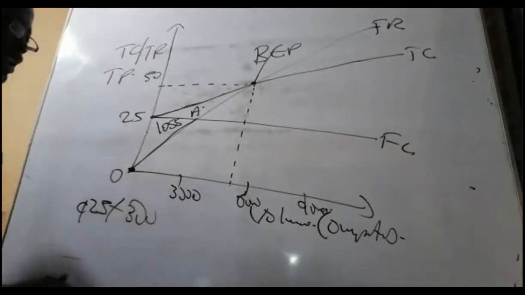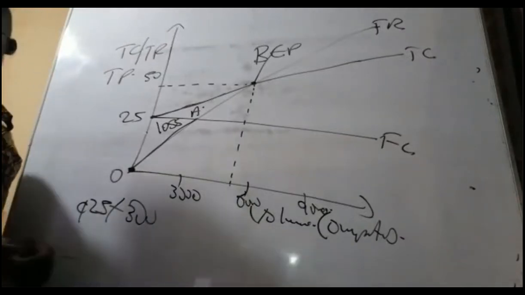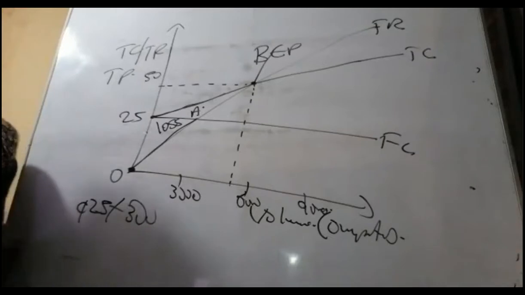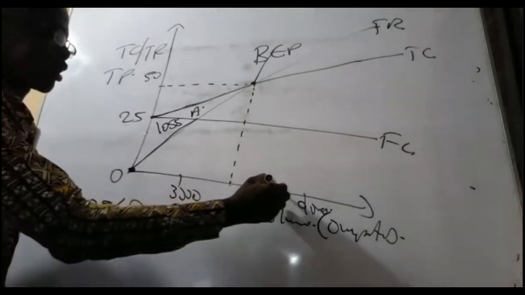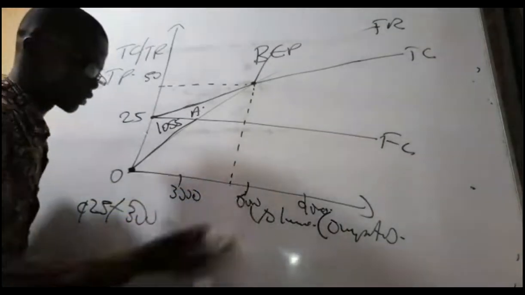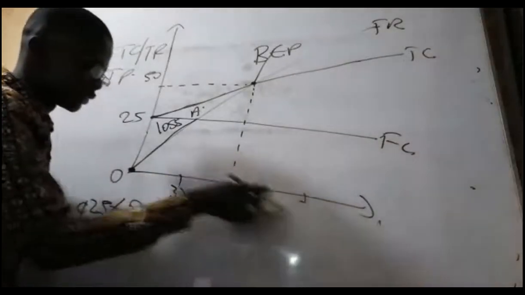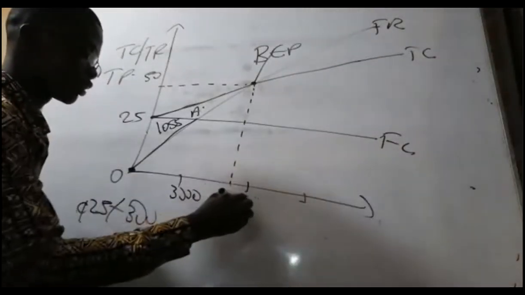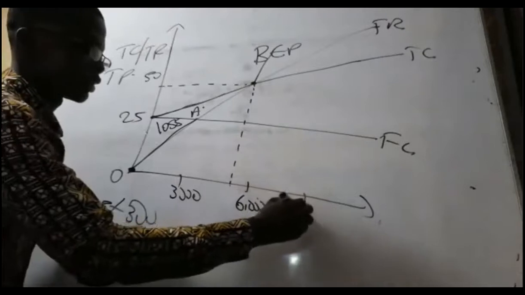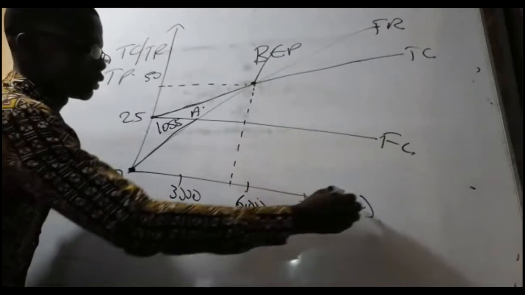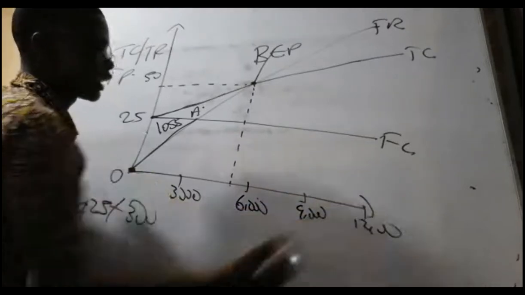However, what is the budget? We budgeted for 7,500 units, right? Let's locate it here. This is 6,000, not to scale, and we just selected 12,000 like this. These are the units.